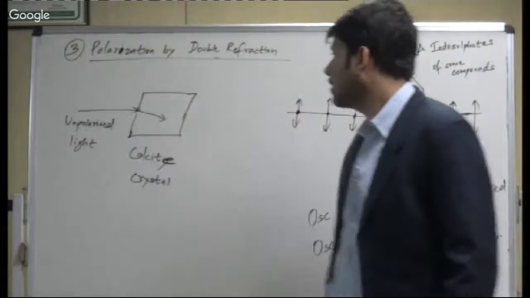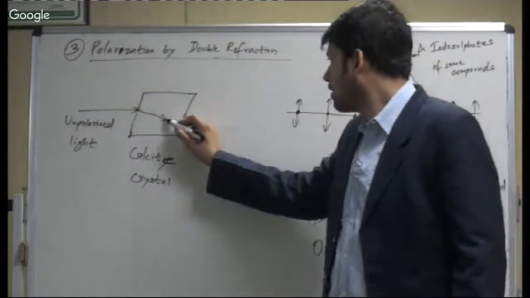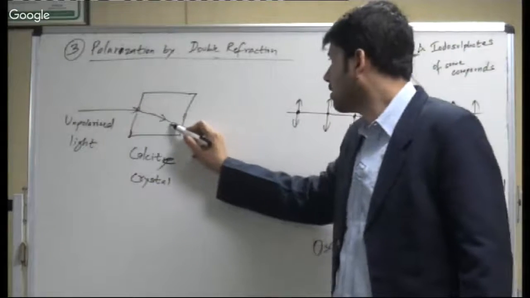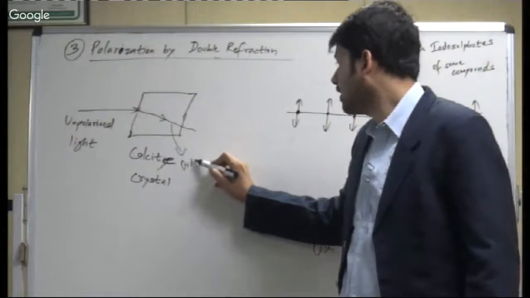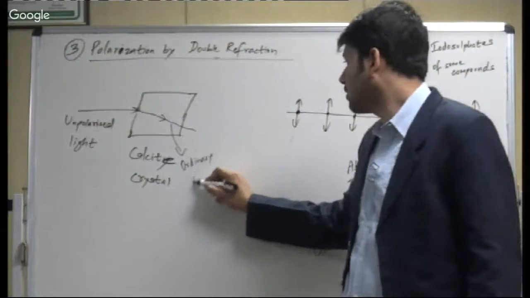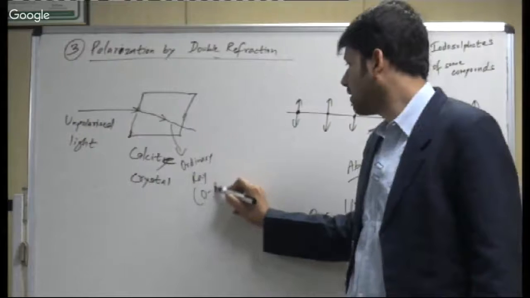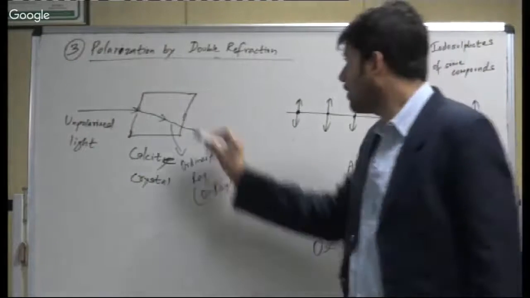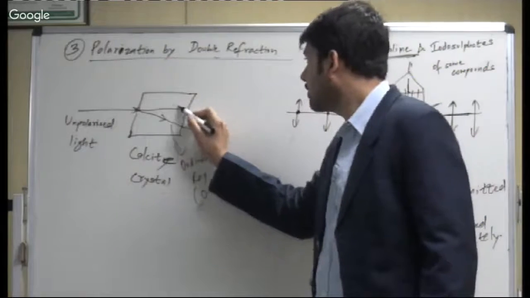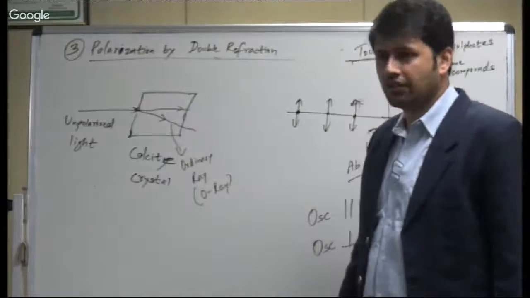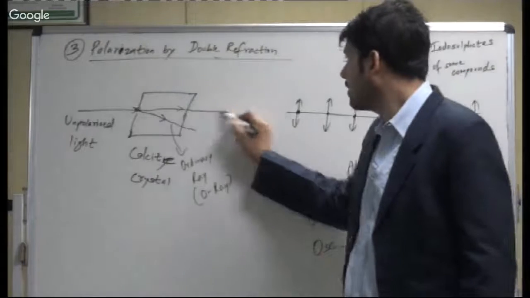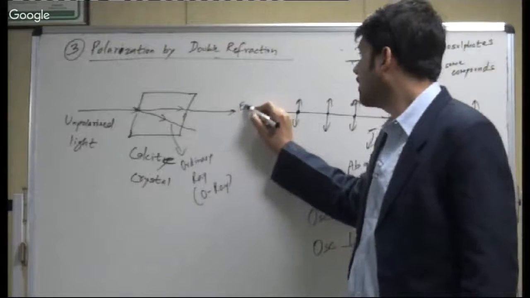Like this. Let's call it the ordinary ray, or the O ray, and the one which doesn't follow goes straight, whatever may be the shape. It is called the extraordinary ray.